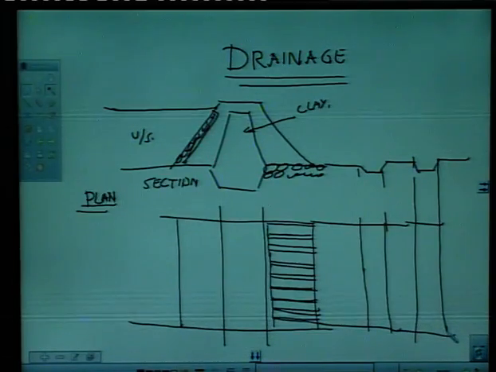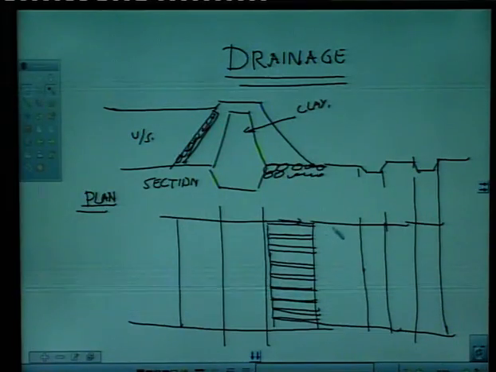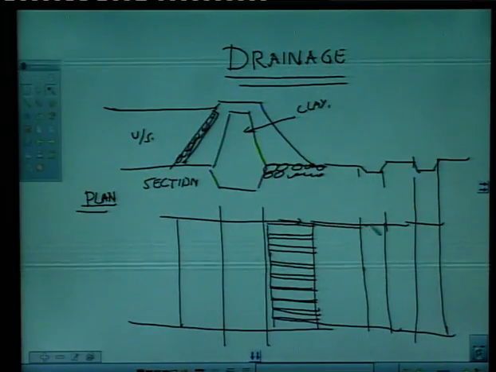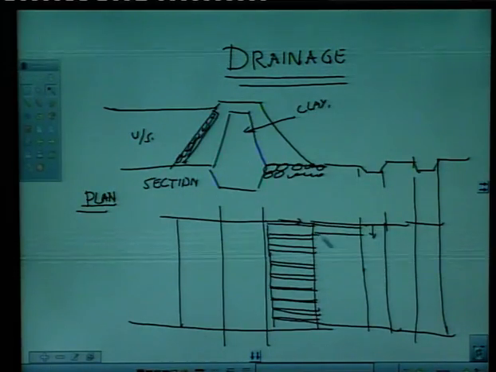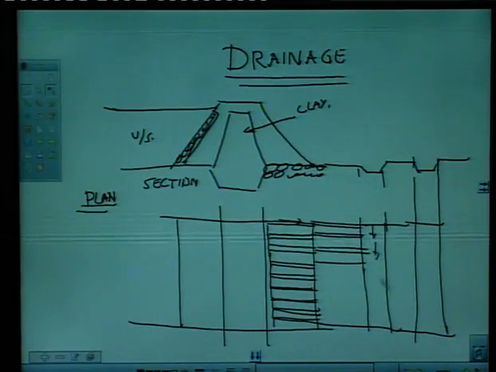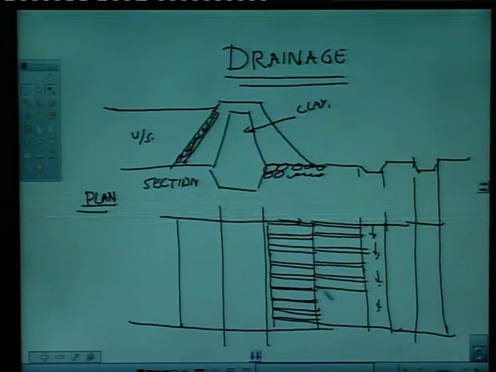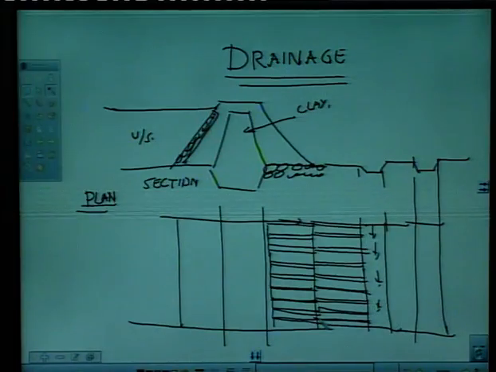Water is going down like this one, and from this one it passes to this drain and is accumulated somewhere outside the dam location, so that erosion due to insufficient drainage system should not be allowed.